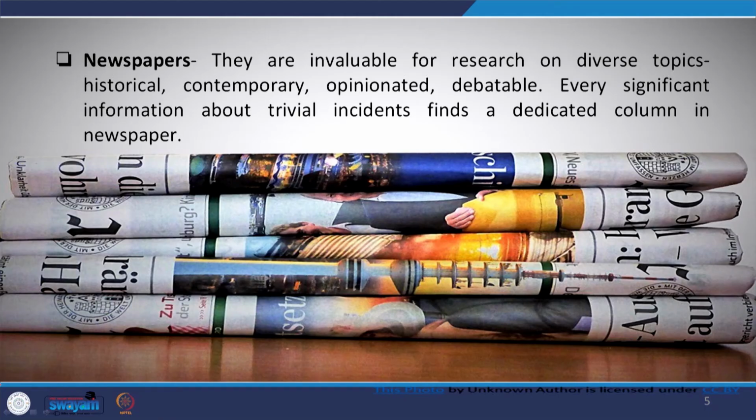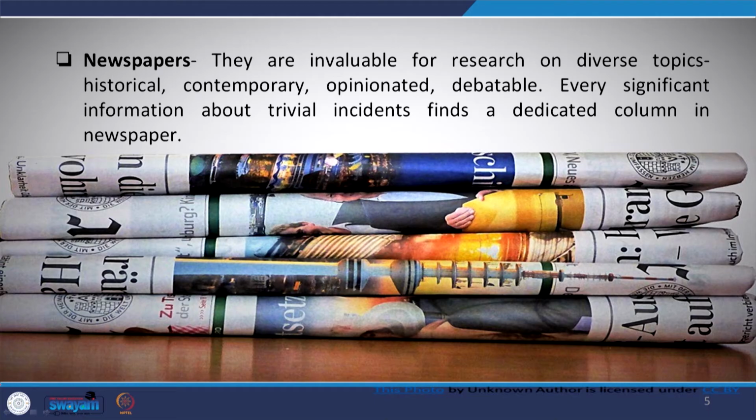But if you really want to read a newspaper, say like the Washington Post, or a newspaper from a different country, I think it is the library which in most cases might have this accessibility. These newspapers are invaluable for research on diverse topics ranging from history, contemporary politics, opinions, fine.